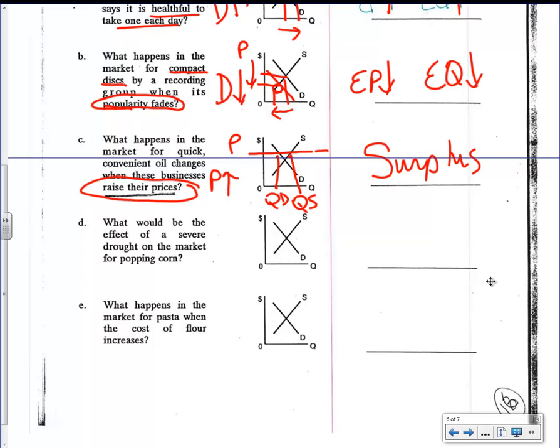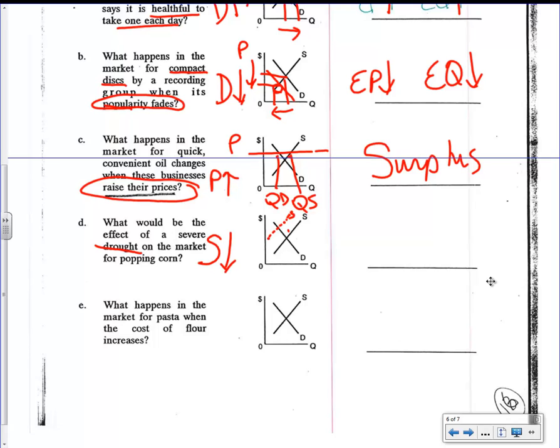D, what would be the effect of a drought on the market for popping corn? Drought means that the sellers will not be able to supply as much because they can't grow the crops. So that tells us that the supply is going to fall. The drought will cause the crops to be not as much as what they could be if they had enough water.